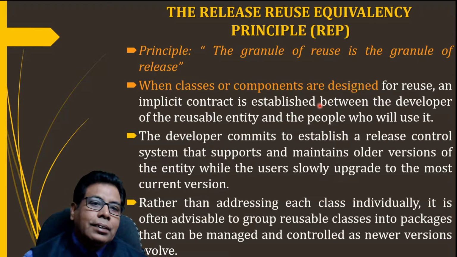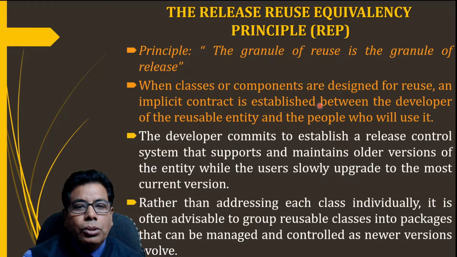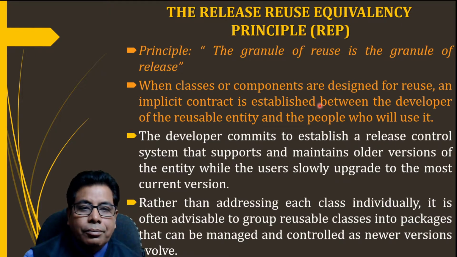Let us understand this. When classes or components are designed for reuse, here comes the concept of reusability. In order to understand this, let us take an example. Now you are working in a Windows environment. If you take different software of Windows, such as MS Office, and in MS Office you have different software, the Word, Excel, PowerPoint, and so on.